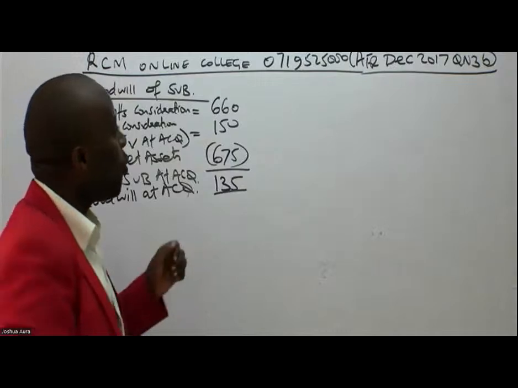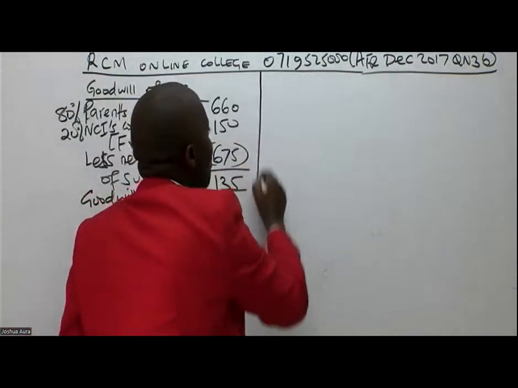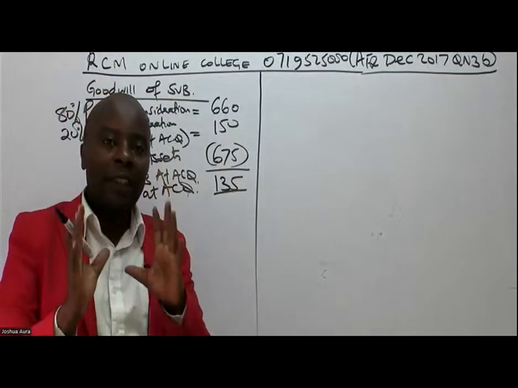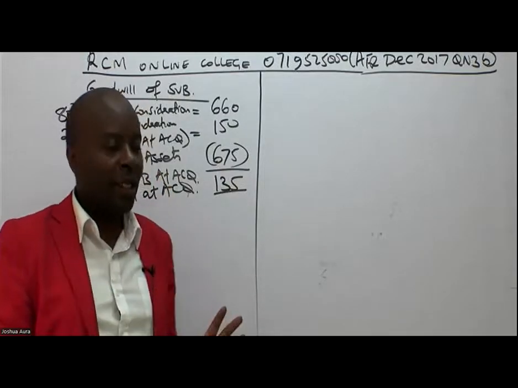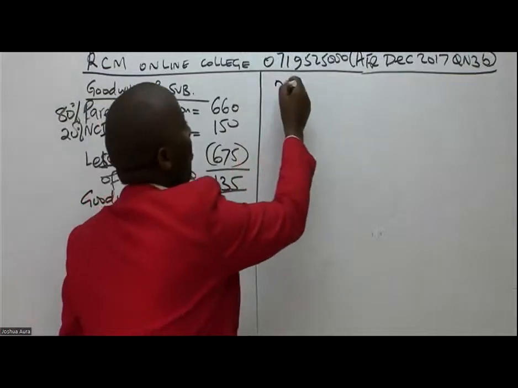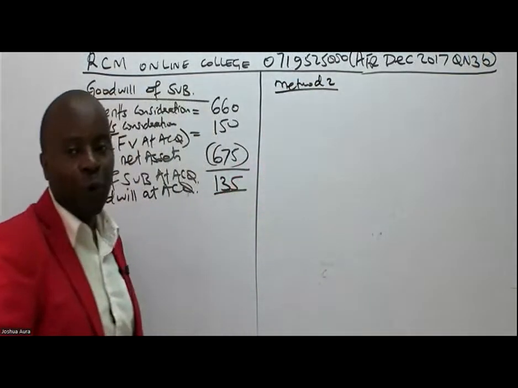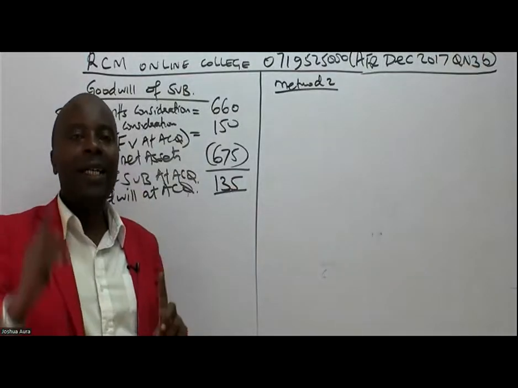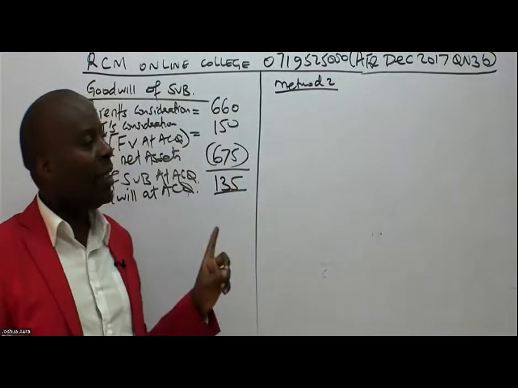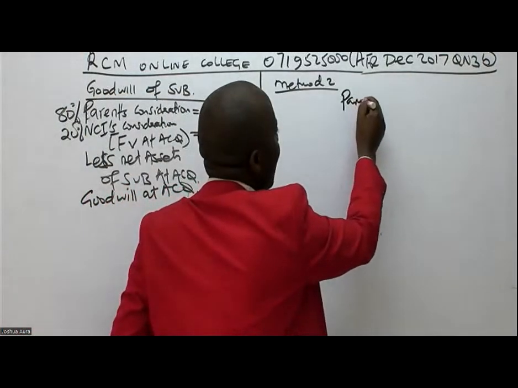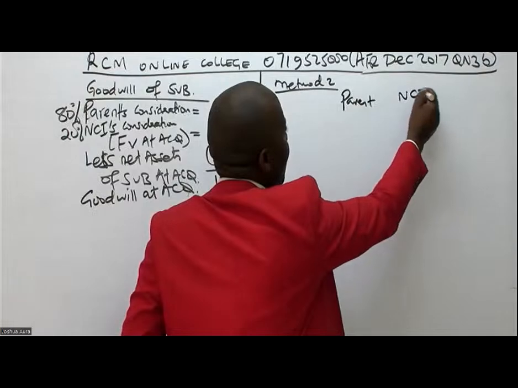So I want to show you how we compute goodwill whenever we have a cash flow question. Method number two would calculate the goodwill for the parent and the NCI separately, separating the two stakeholders: the parent company and the NCI.